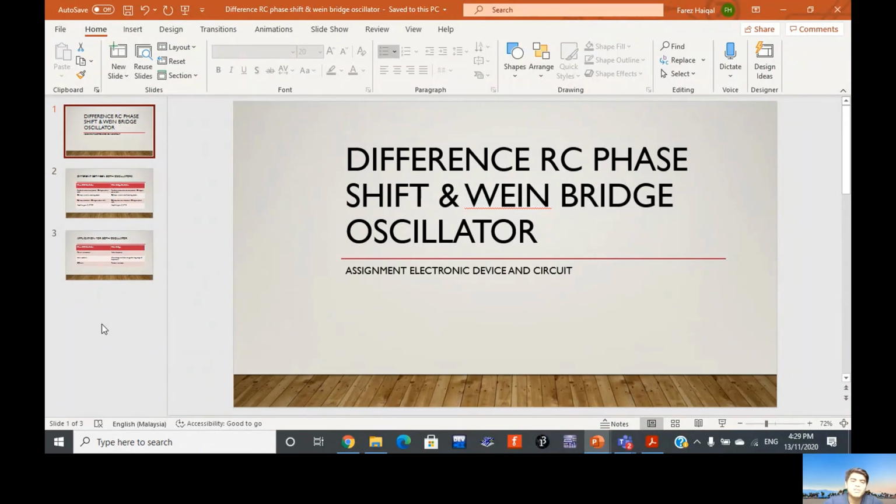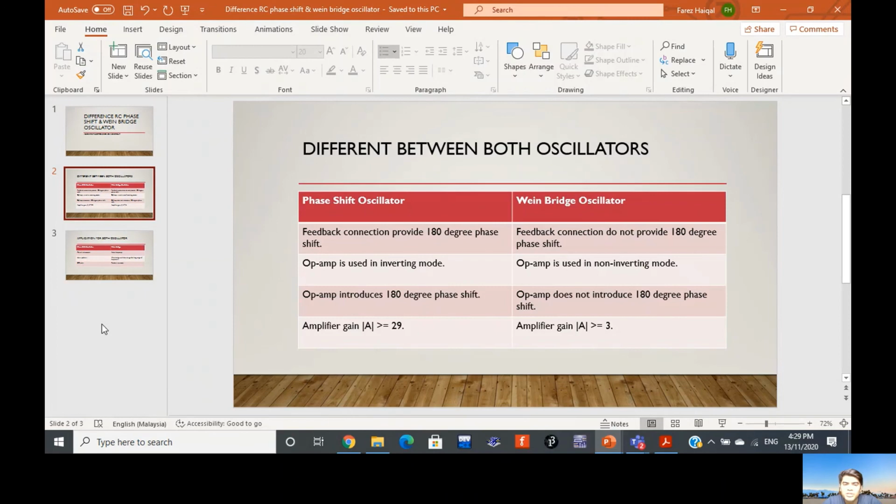Next, I will present the difference between the RC phase shift and Wien bridge oscillator. The difference between the two oscillators is that in the phase shift oscillator, the feedback connection provides a 180 degree phase shift, while in the Wien bridge oscillator, the feedback connection does not provide a 180 degree phase shift.